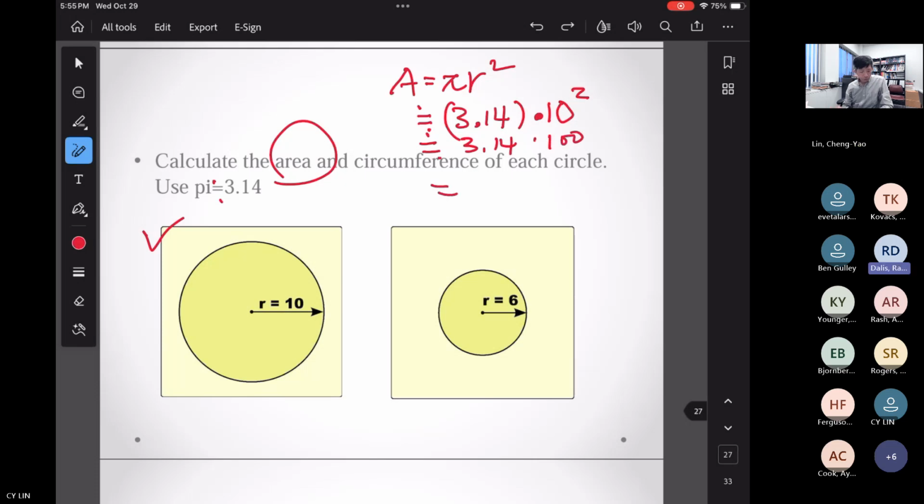So did you get 3.14 times 100? Did you get 314? Let's say we go by centimeter, okay? So we have 314 centimeter square. Does that make sense to you for this problem? All right.